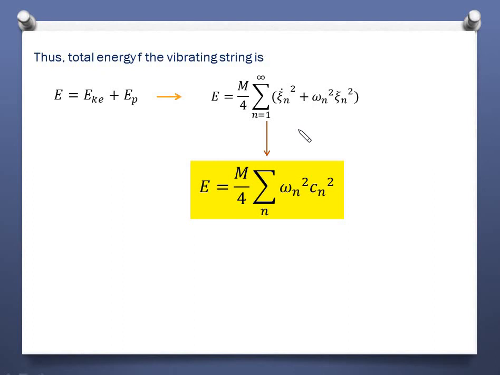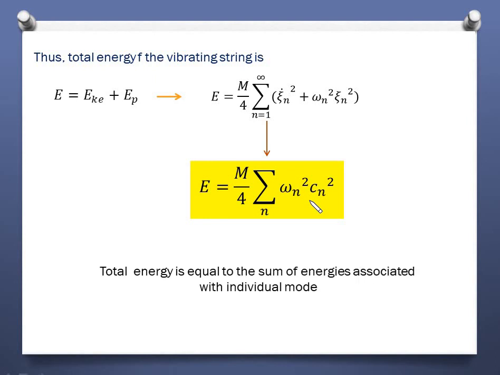And the important thing you can note from here is this is a sum over n, and there is no cross term. Like we know that in a vibrating string we have an infinite number of modes, so you can easily see that the total energy is equal to the sum of energy associated with the individual modes.